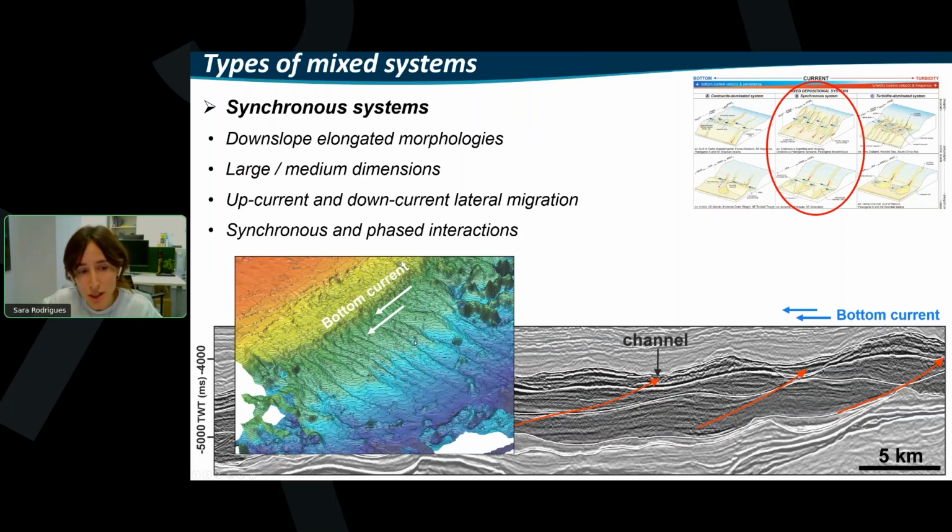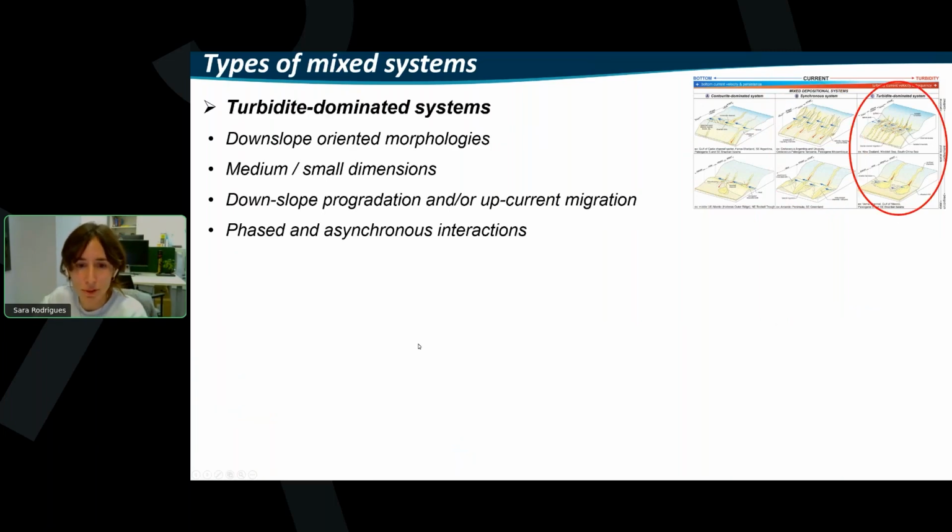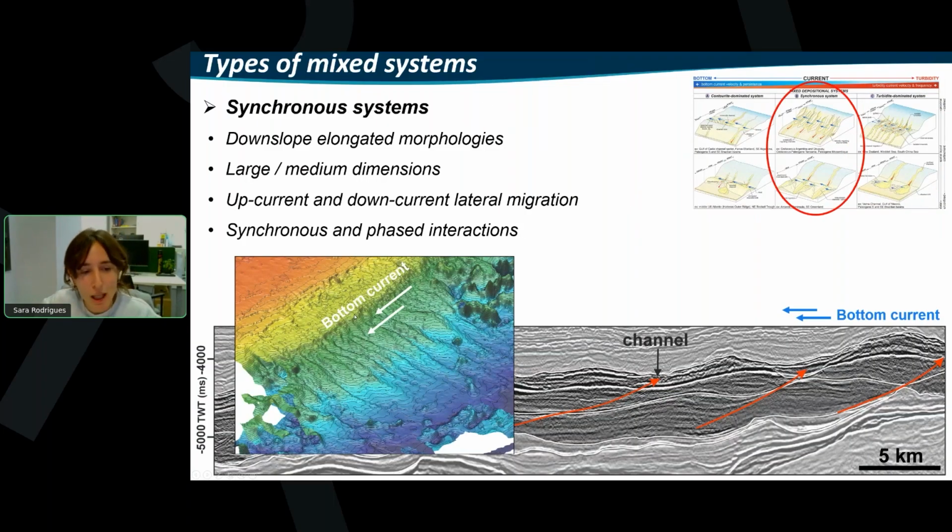In addition, you will see that the channels in between follow the same orientation, but they are quite linear. So they are not sinuous channels like you see in turbidite systems. They are quite linear, and also they become more unconfined further outward. So this is quite characteristic for them.